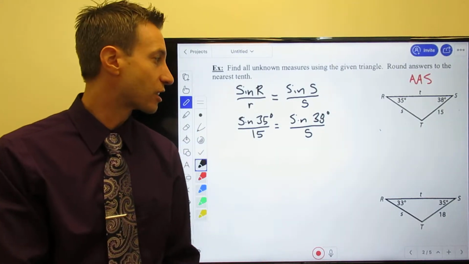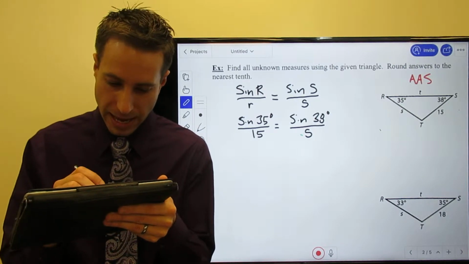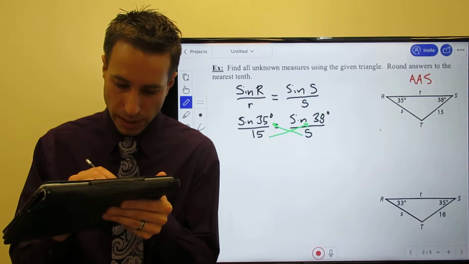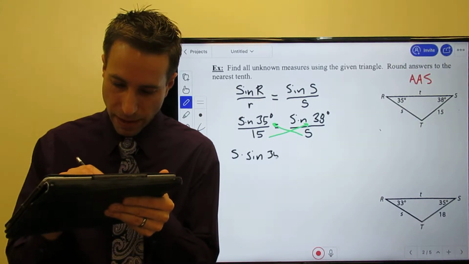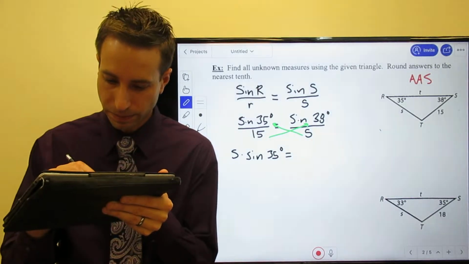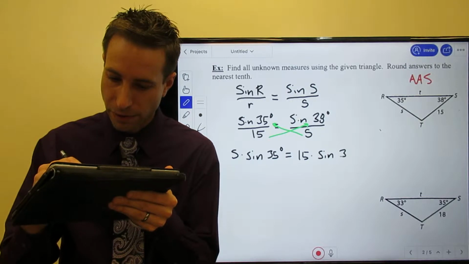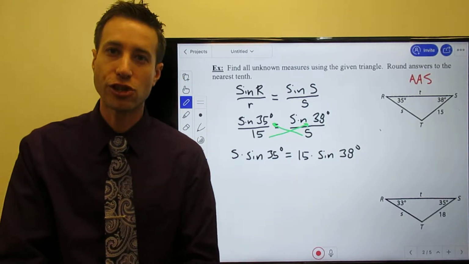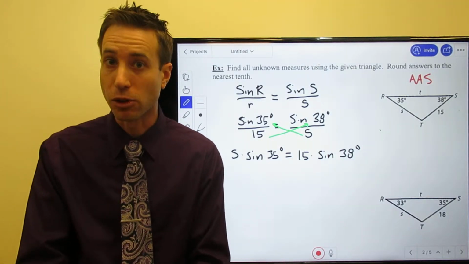Here's the way this is going to work. You simply cross multiply. I'll multiply the S over to this side, and the 15 over to this side. I wind up with S times the sine of 35 degrees is equal to 15 times the sine of 38 degrees. This goes back to what we did in a previous chapter when we were solving the ratios or proportions of similar triangles.